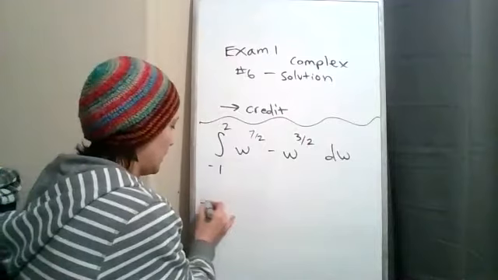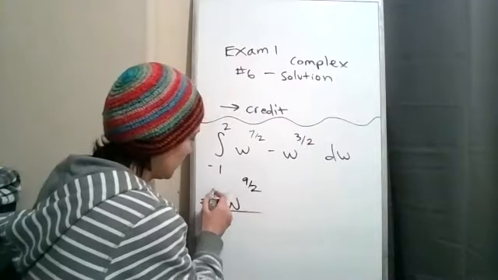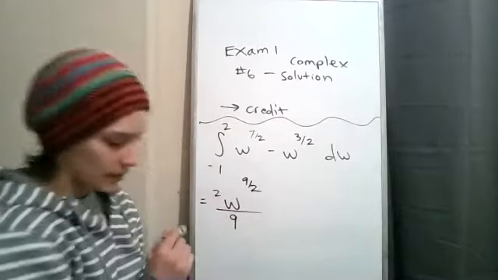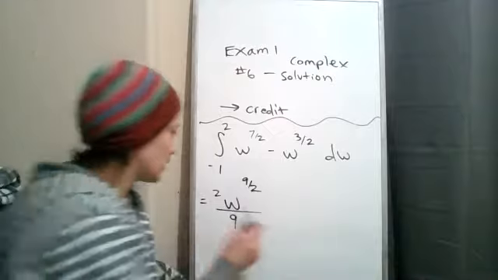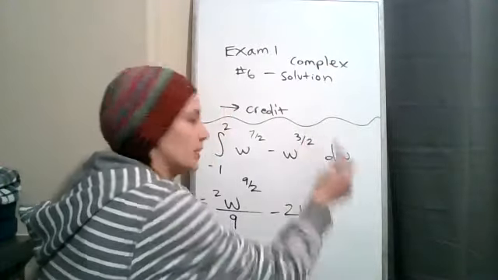Okay, so we had w to the 9/2 minus w to the 3, 4, 5.